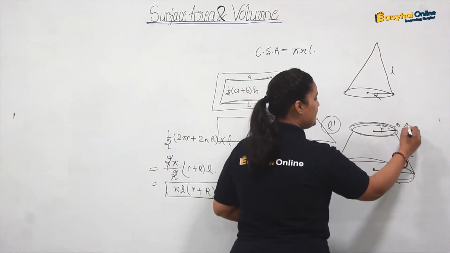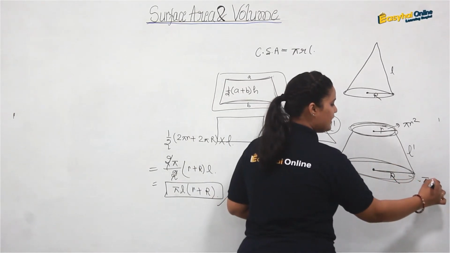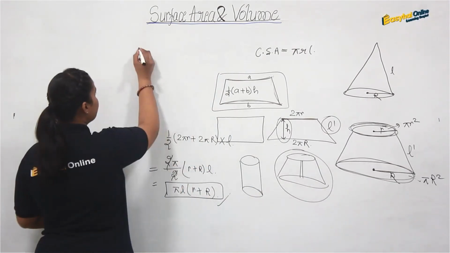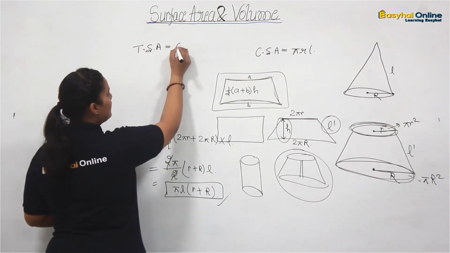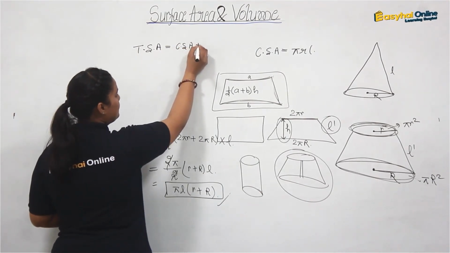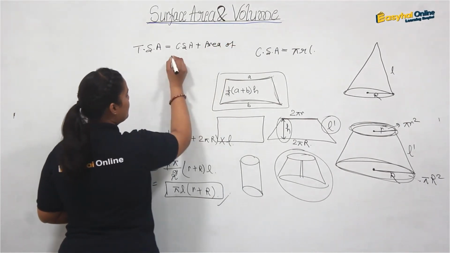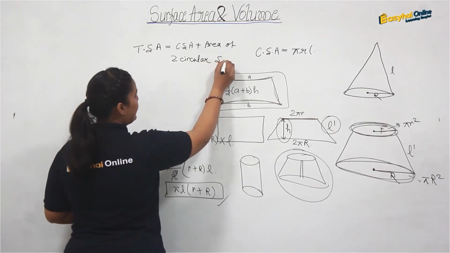For this, it will be pi small r square, and for this, it will be pi capital R square. So, can I conclude that total surface area is equal to curved surface area plus area of 2 circular surfaces? Right or wrong?